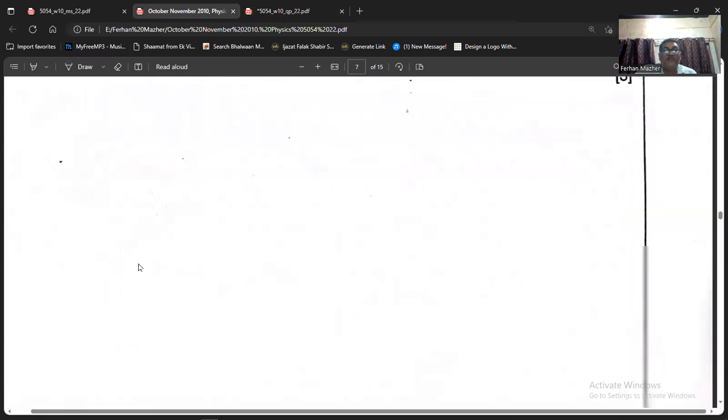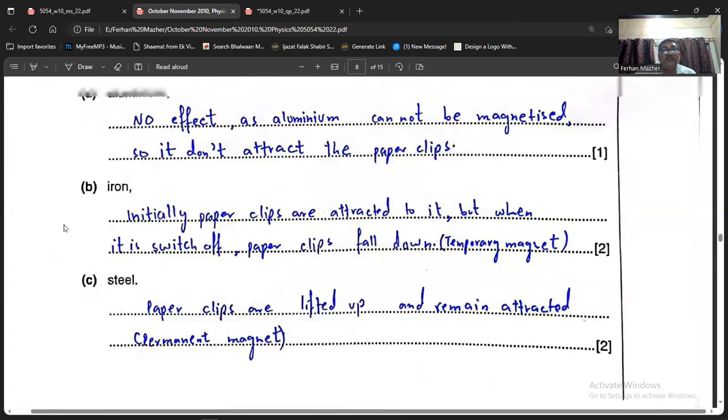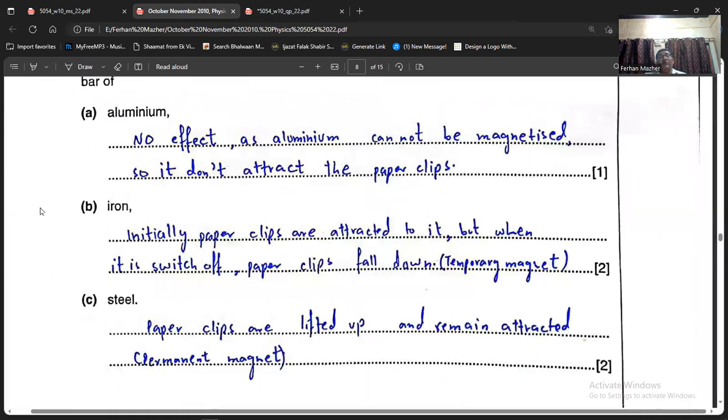So I think this is my description. Okay, let's see what answers Aisha has written. No effect, as aluminum cannot be magnetized, so it does not attract the paper clips. Iron: initially, paper clips are attracted to it, but when the current is switched off, paper clips will fall down, because iron is a soft magnetic material, it makes temporary electromagnets.